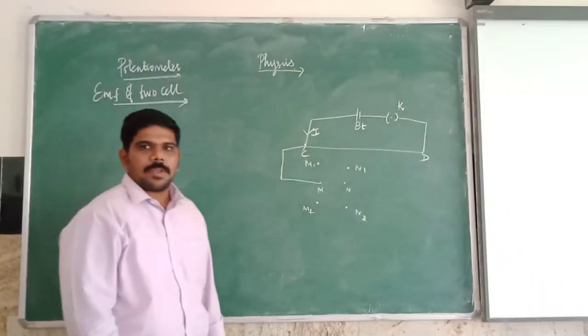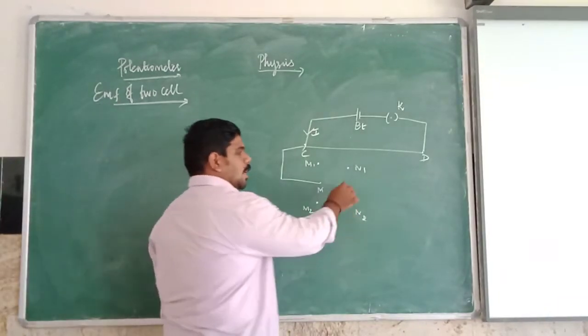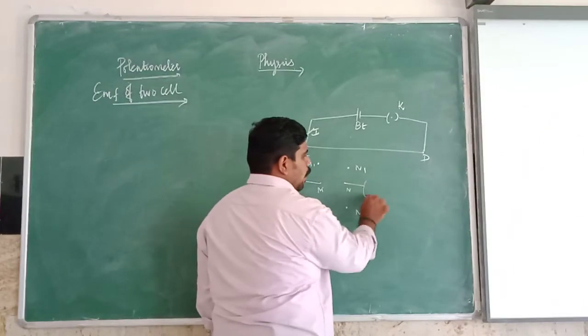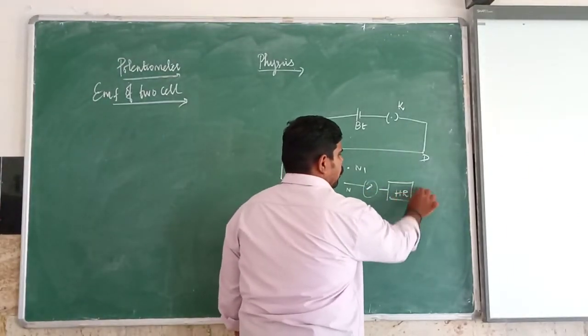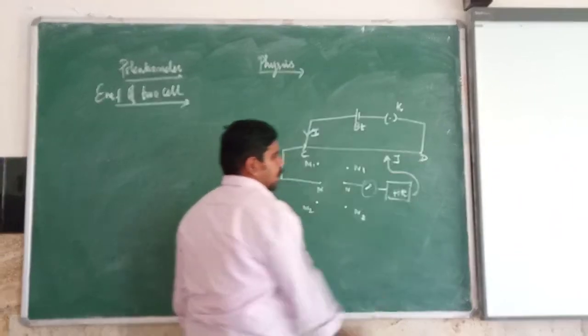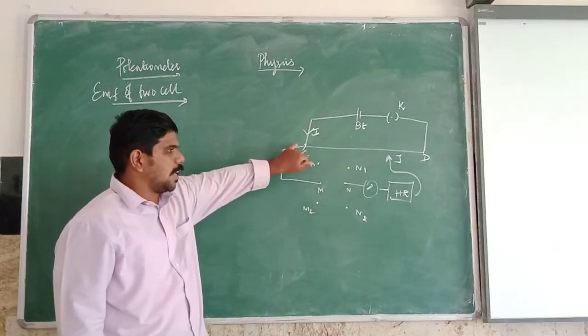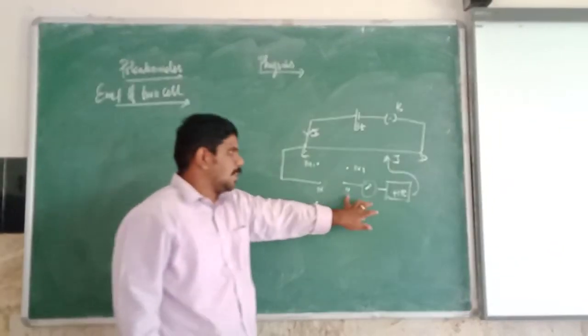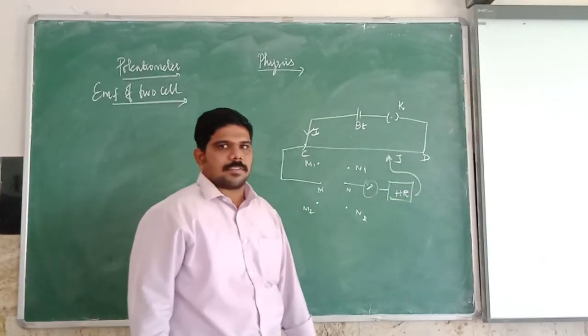The N end of the DP/DT switch is connected to the jockey through the galvanometer and the high resistance.